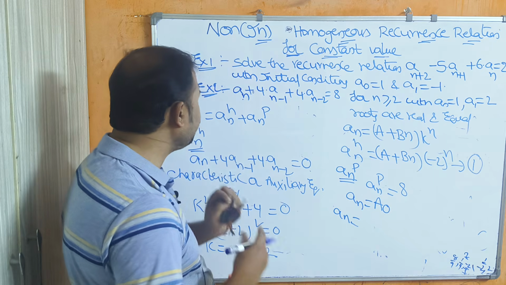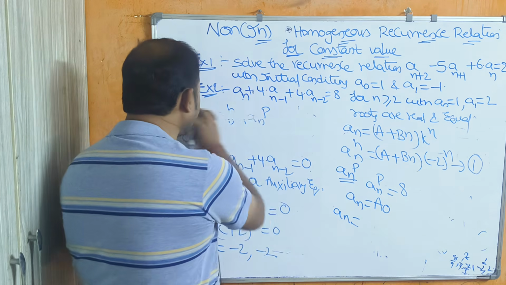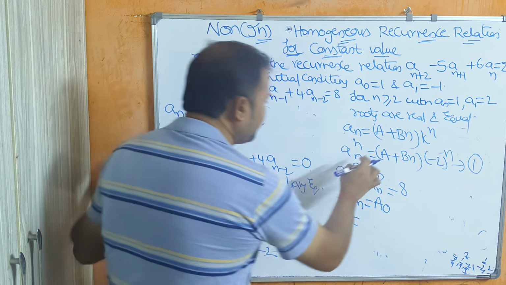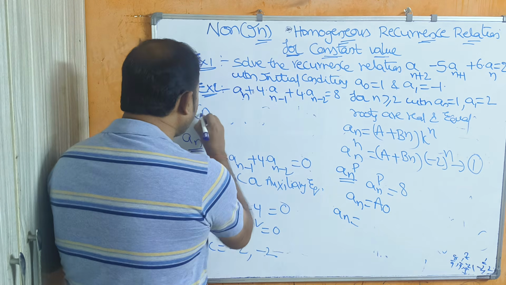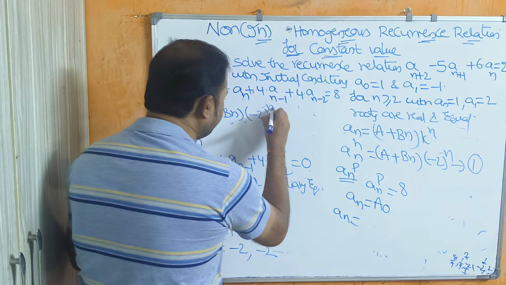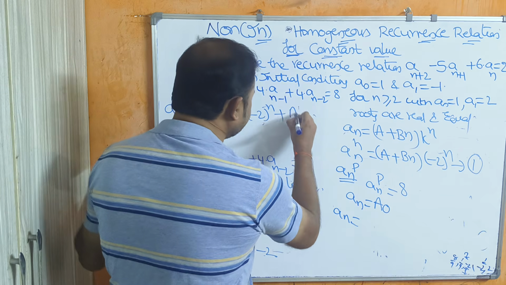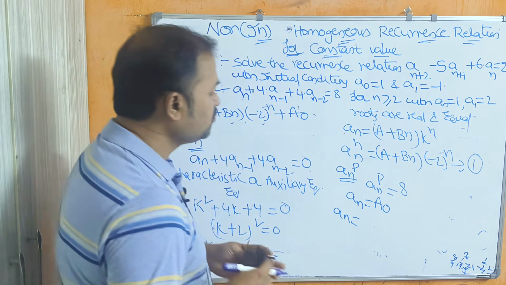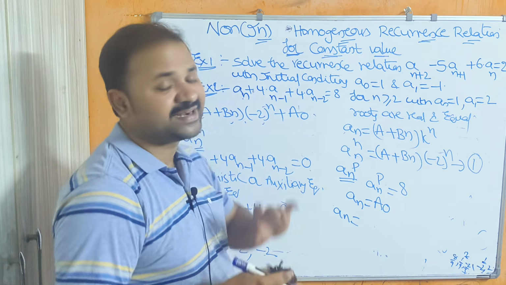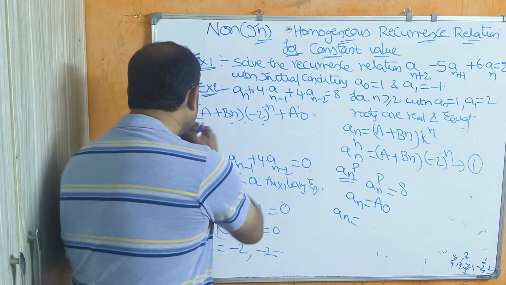An power h plus an power p. So here we need to write here, but for space constraints I am writing here. So an equal to an power h. What is an power h? It is already computed. A plus bn into minus 2 whole power n plus what is an power p? That is nothing but a naught. So now we have to substitute an in the given recurrence relation in order to obtain the a naught value. So let us do that.